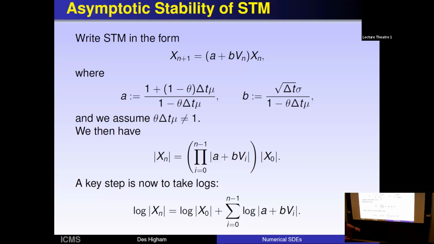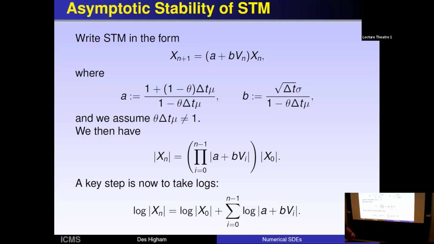So how does this type of randomized geometric sequence behave? What do the trajectories do? Well, just take modulus, and we get this expression. And in this world, statistics and probability, whenever you see a product, the first thing you tend to do is take logs, because we'd rather work with sums than products.